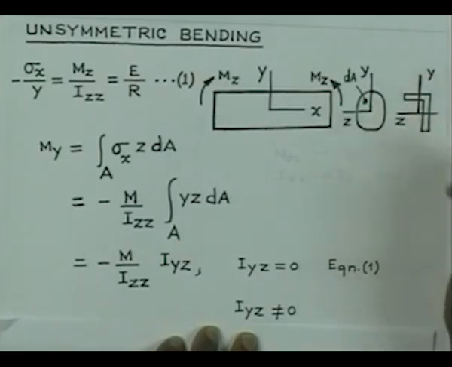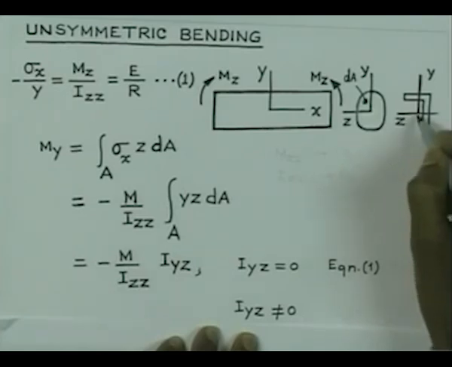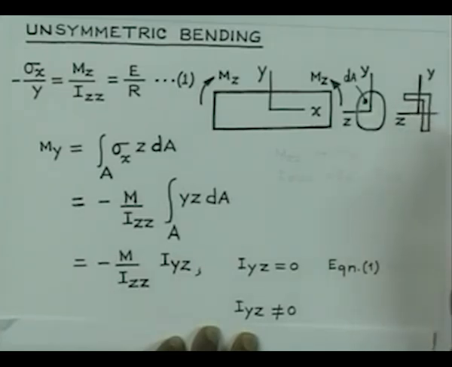And this can happen when you have a cross section like this. Think of a cross section wherein we have the y axis and z axis located like this, and this is the centroid of the cross section.